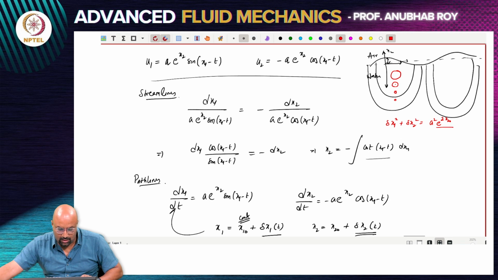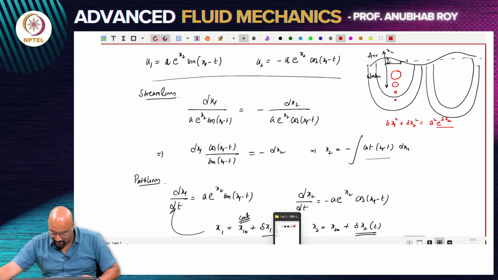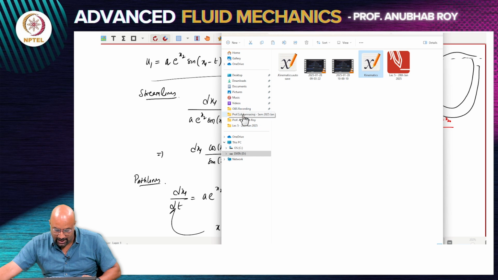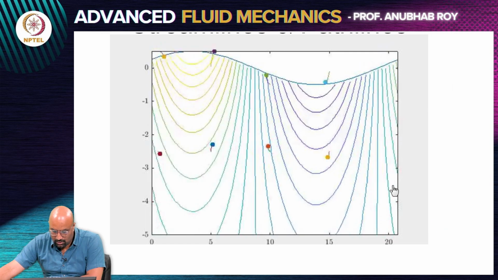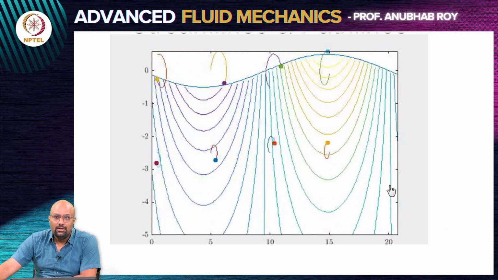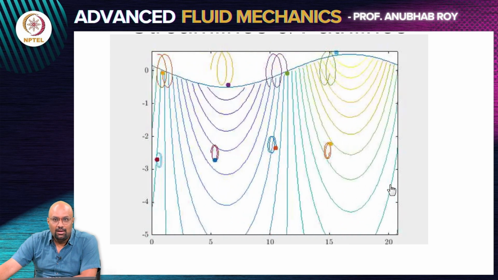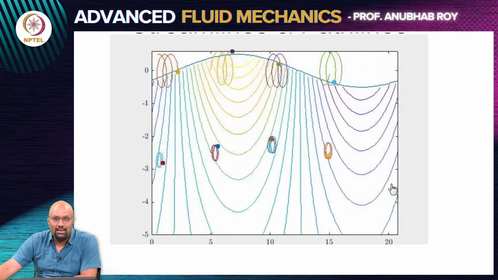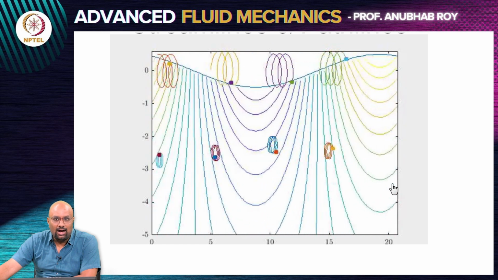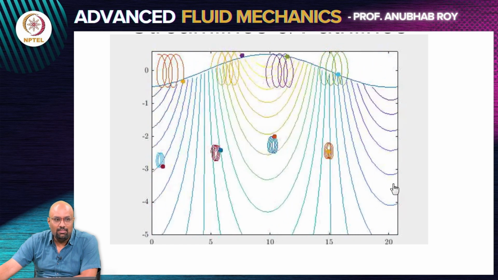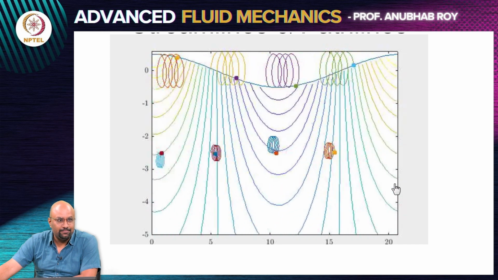So let me just show you what would happen if you do the full calculation. So this is the full calculation. You see the streamline pattern in the background, it's an unsteady problem, and you see the path lines are doing this orbit, but it is not fully closing.